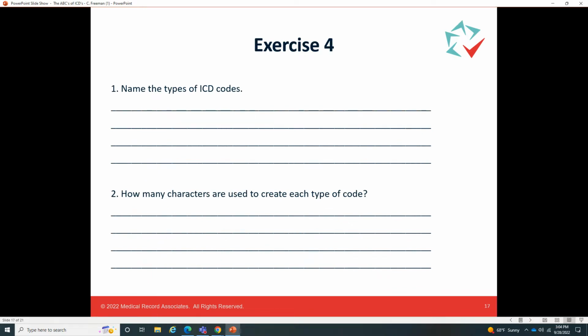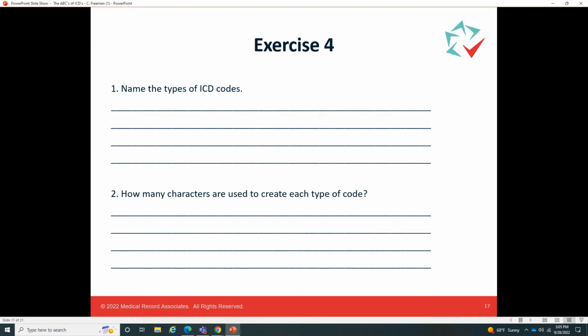Exercise 4. Name the types of ICD codes. There are 2 types of ICD codes from our previous slides: diagnostic and procedure. Number 2.